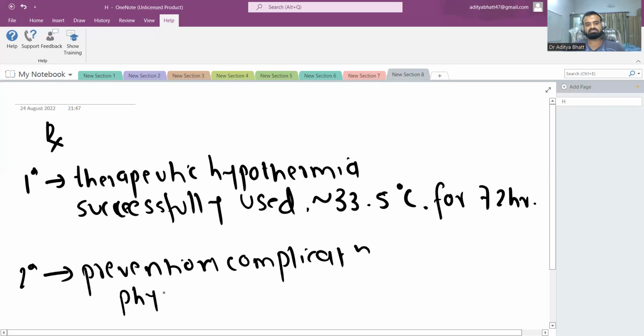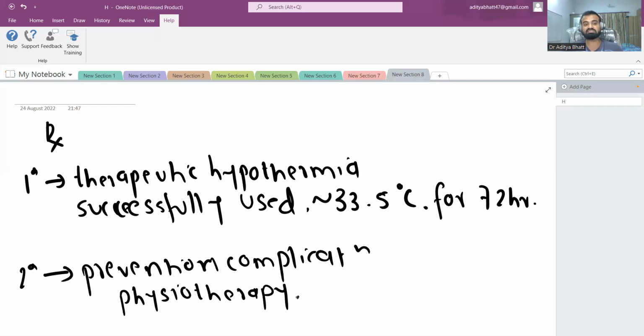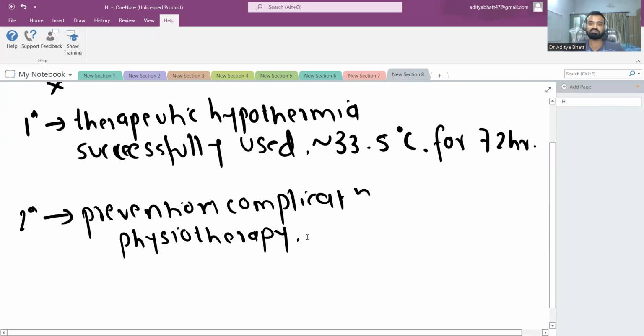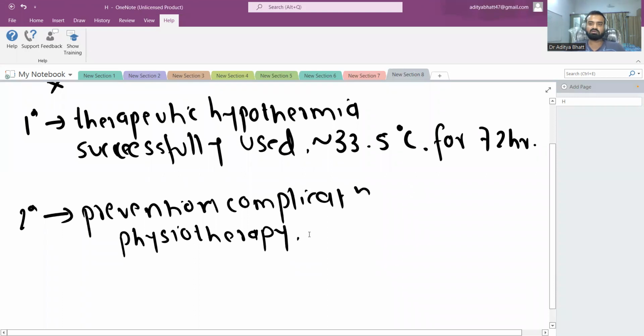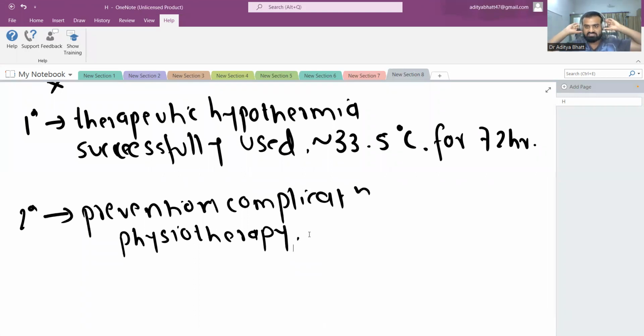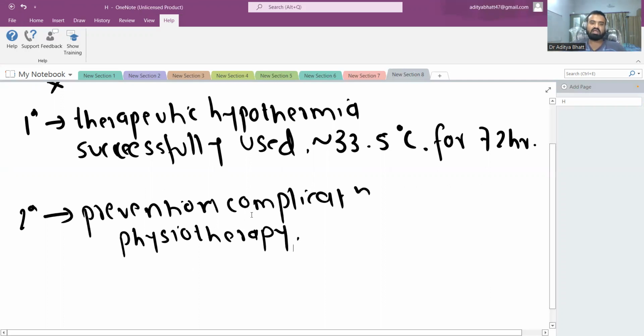All patients must undergo physiotherapy, so that the spasticity does not progress to a limit where the limbs become like wood. You have to give physiotherapy to each and every patient, and it helps them get rid of the contractures, which are very, very painful, and helps them gain some functional abilities.